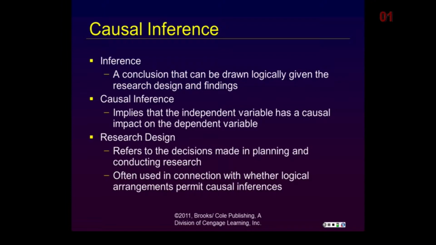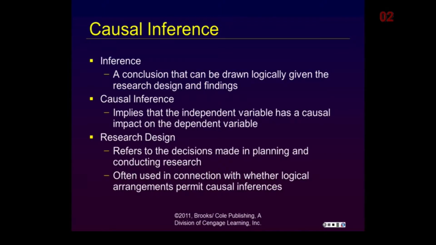Now, when we think about causal inference, we have an inference that implies that the independent variable, which remember is the thing that you, the researcher, are doing, or the thing that you believe causes something else to change, causes the dependent variable to change.